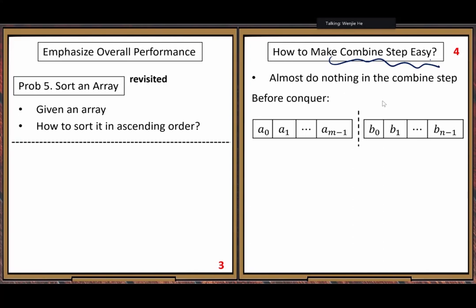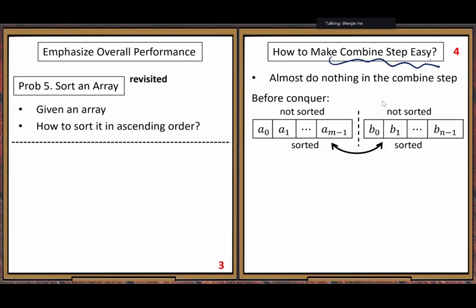Before conquer, not ordered. After conquer, sorted. Now, put them together. How can you guarantee, because after we put them together, we do not want to do any more work to make further adjustment?